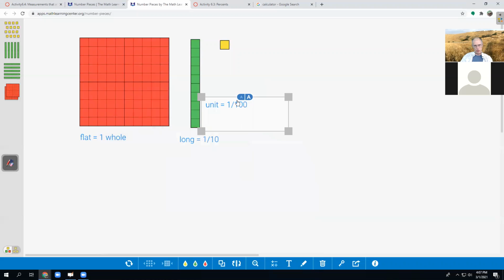We could make other choices on that, but this is the one we use almost all the time when we're playing around with these pieces. All right, so out of decimal basics, moving into modeling operations.